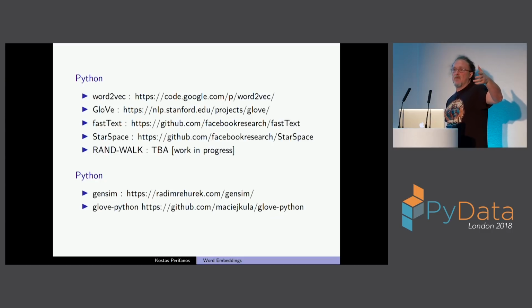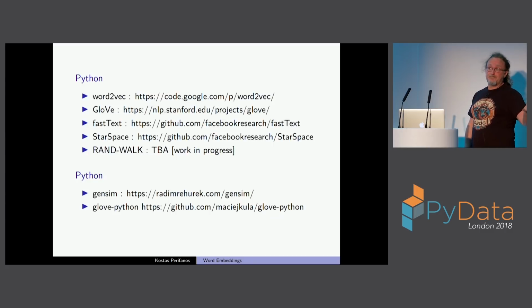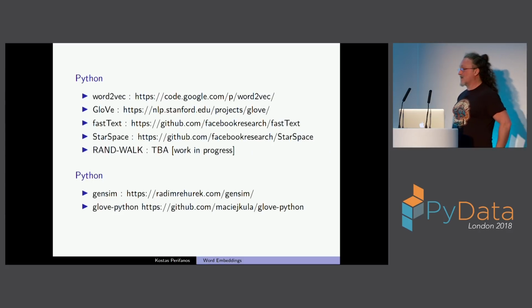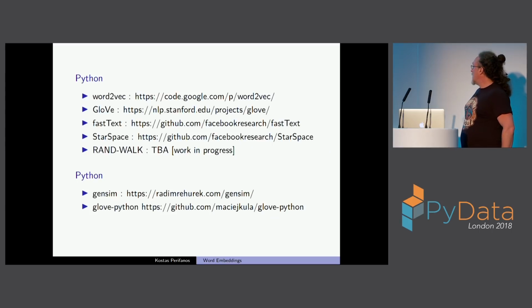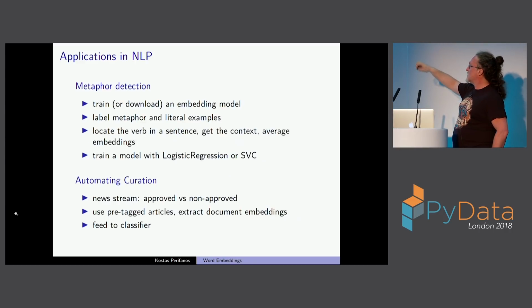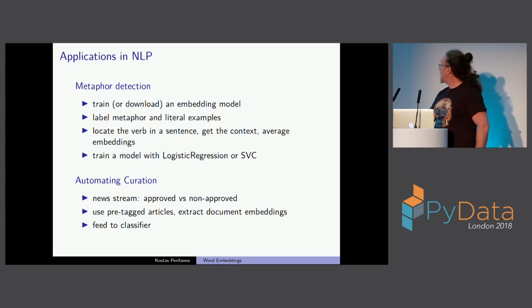So if, for example, you have text and you also have labels like sentiment, you're learning sentiment representation or tag representation in general. It can be very, very useful in some cases. And also, there's a very nice implementation on GitHub from us, GloVe Python, which is essentially taking the implementation of GloVe and turning it into a Python-Cython implementation, which works really, really well.